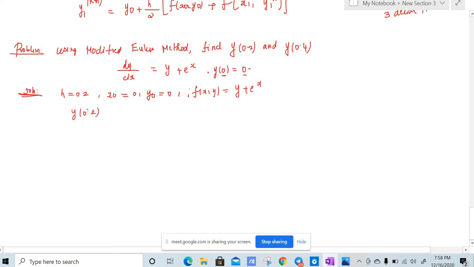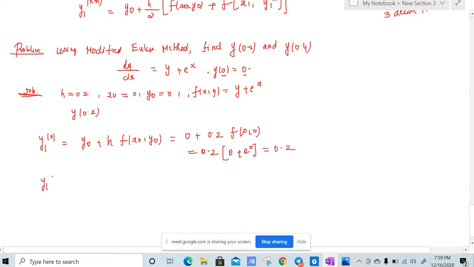So first we need to find y1 of 0. y1 of 0 is y naught plus h into f of x naught comma y naught. y naught is 0, h is 0.2, into f of 0 comma 0, which is 0 plus e power 0. e power 0 is 1. So it is 0.2.